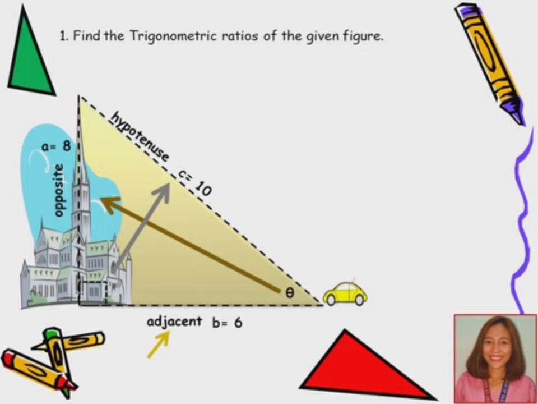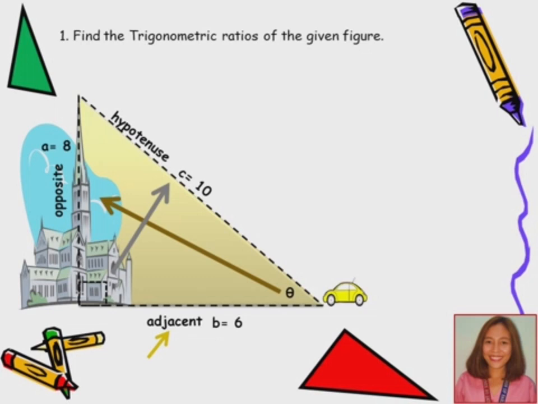Now, the challenge question is to find the trigonometric ratios of this figure. Kindly note that the sides of our triangle are already labeled: your hypotenuse is 10, your opposite leg is 8, and your adjacent leg is 6.